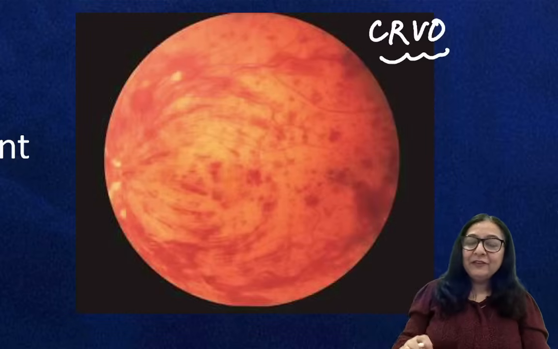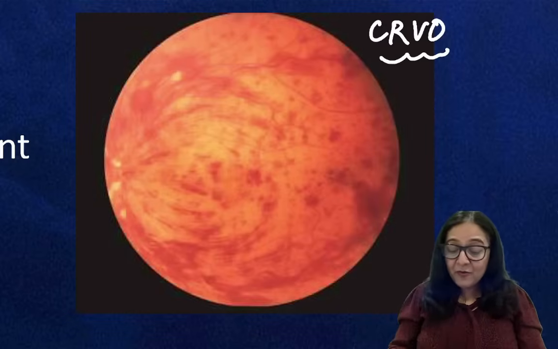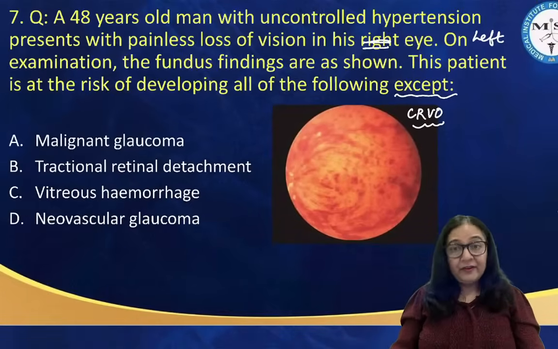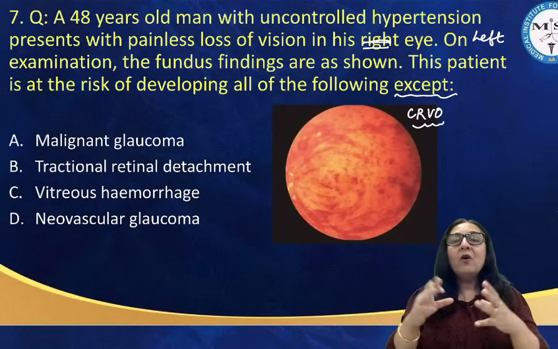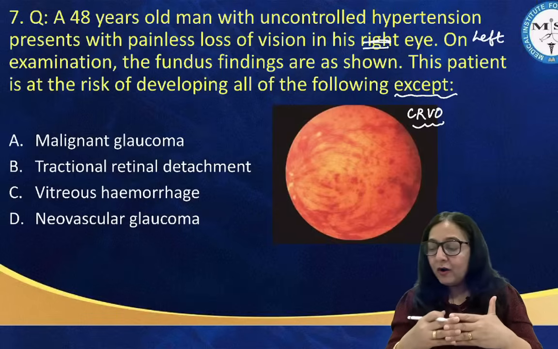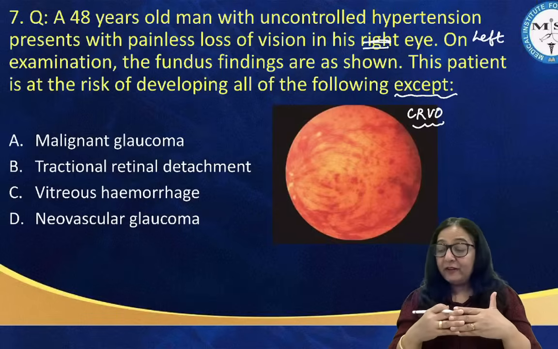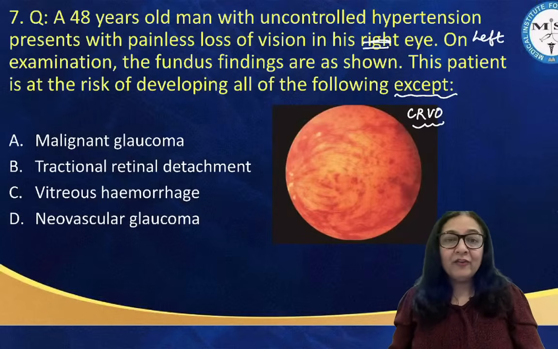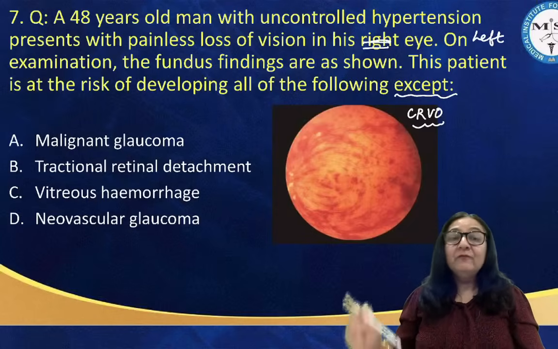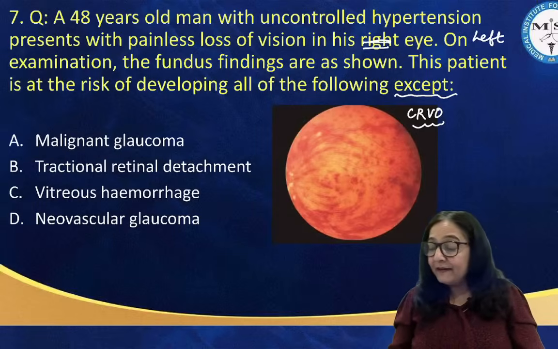Now, a patient who has central retinal vein occlusion will present with sudden painless loss of vision. What complications can occur in this patient except? Choices are malignant glaucoma, tractional retinal detachment, vitreous hemorrhage, neovascular glaucoma.